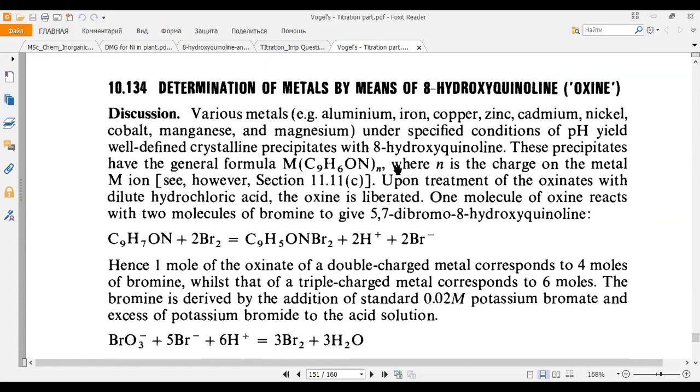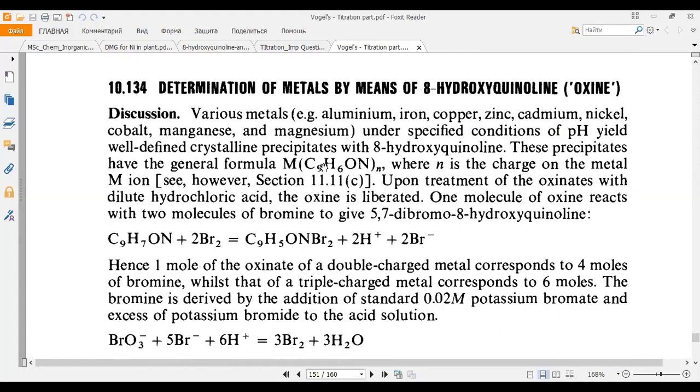So, determination of metals by means of 8-hydroxyquinoline. 8-hydroxyquinoline is also called oxine. This is showing you how you can use this reagent for the determination of metals.